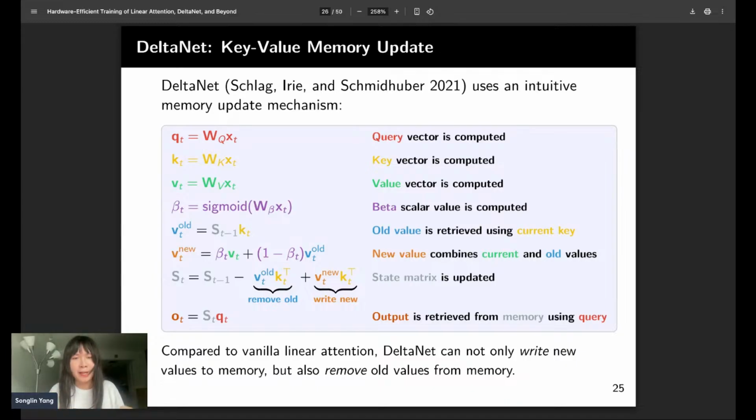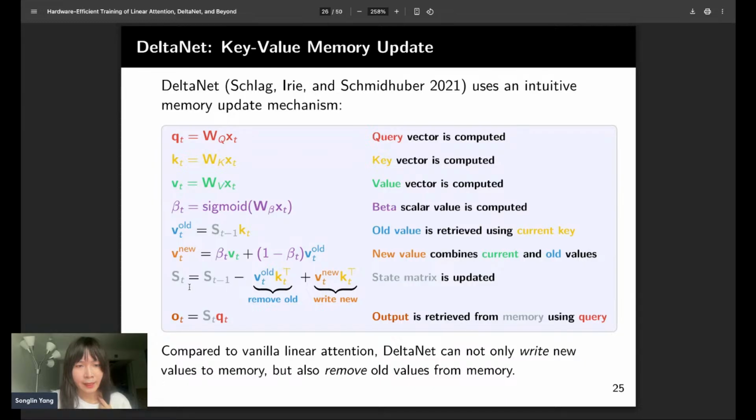The model must decide whether to use the previous associated value or the current associated value. So we have this beta t to control this process, and this beta t is data dependent. So the model can dynamically learn to retain the current value or to use the previous associated value.